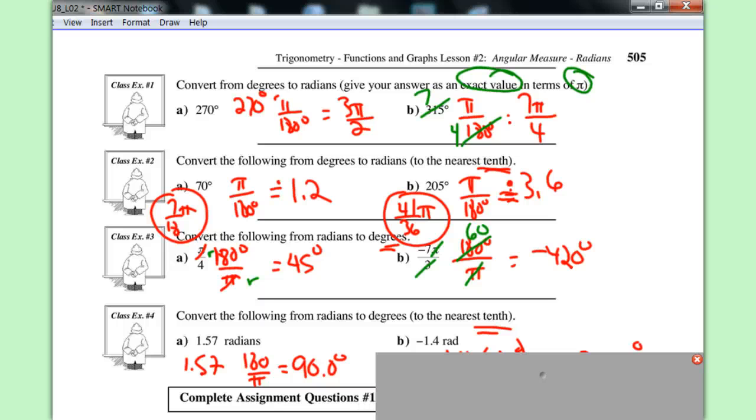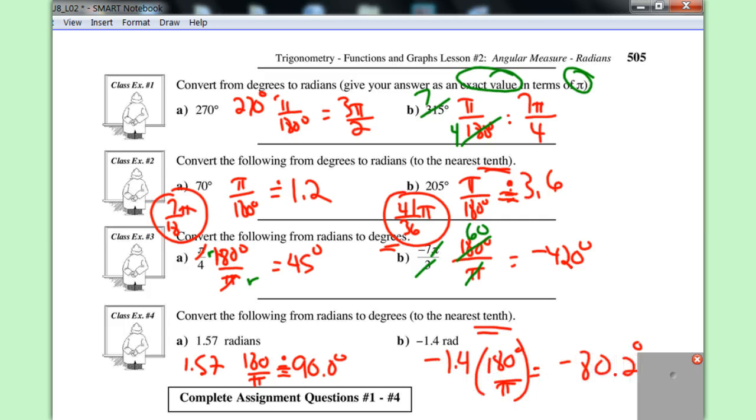Well, you still multiply by 180 over pi, and when you do that, you get approximately, okay, we don't want to say exactly, we get approximately 90 degrees. And for minus 1.4, well, you're still going to multiply by that 180 over pi conversion, because you want to blow up the radians and leave behind the degrees, and you end up with approximately minus 80.2 degrees, okay?